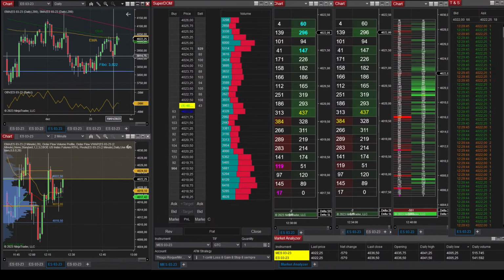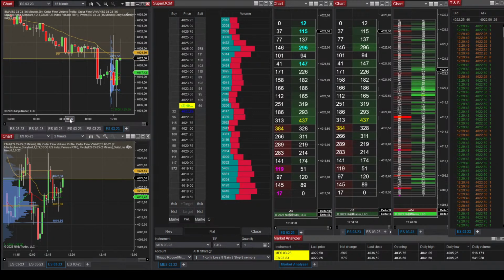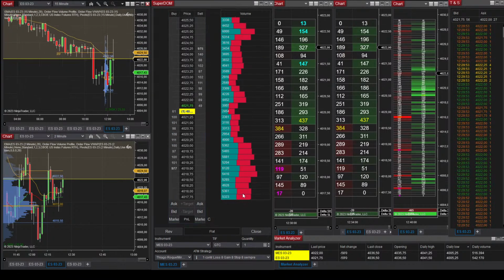But this is too long term for me, for us as day traders and scalpers, but it's always important to have that reference in mind.